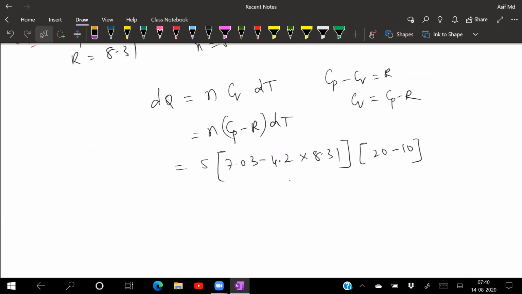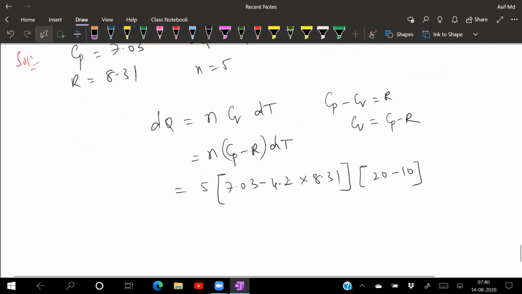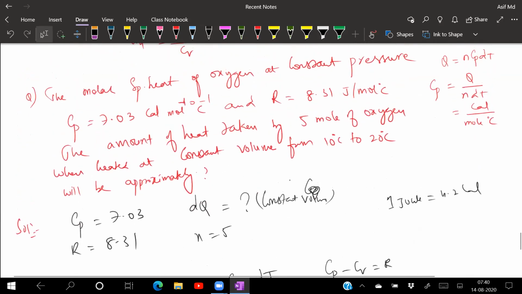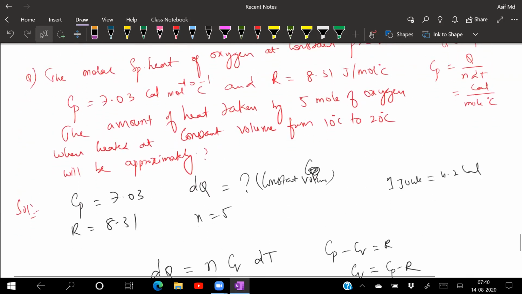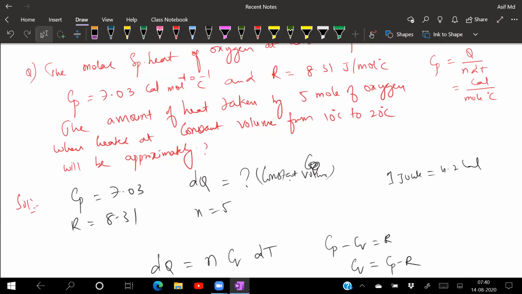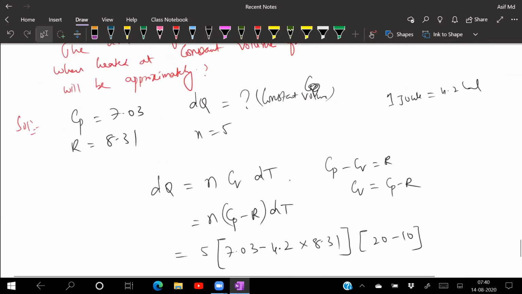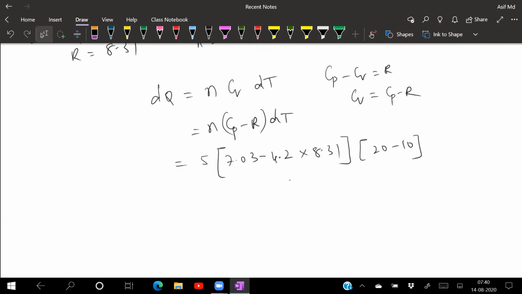Am I making a mistake right now? The value 7.03 is also given in calories. Okay, I'm making a calculation mistake here. See here right now. Sir, but we're taking it in calories only. So this one is 7.03 into calories.